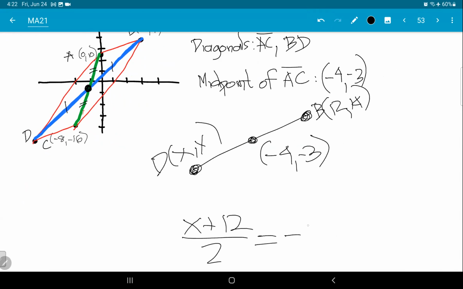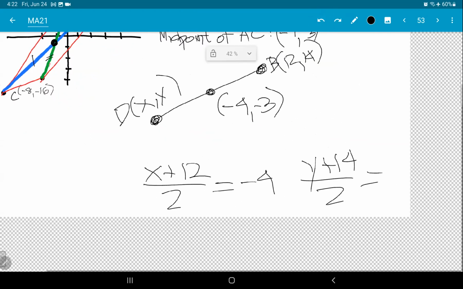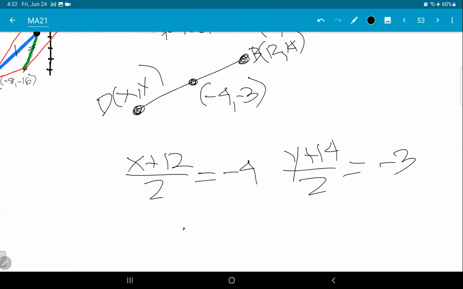Check nyo na lang ulit yung problem na yon. And dapat equal yun sa midpoint, sa coordinate ng midpoint, no? X coordinate. And then y plus 14 over 2 should equal negative 3. If you solve for x, we'll get negative 20, negative 20. Problem solved. Okay? Do you have any question?